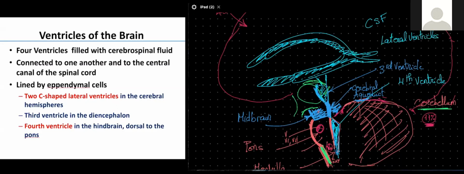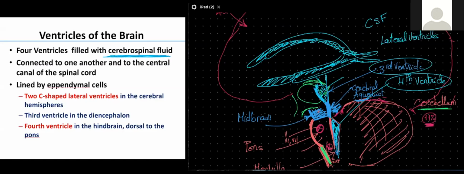One is going to be embedded in my diencephalon. We call this the 3rd ventricle. And one is going to be located between the pons and medulla on one side and the cerebellum on the other side. This is my 4th ventricle. And those are spaces filled by cerebrospinal fluid.